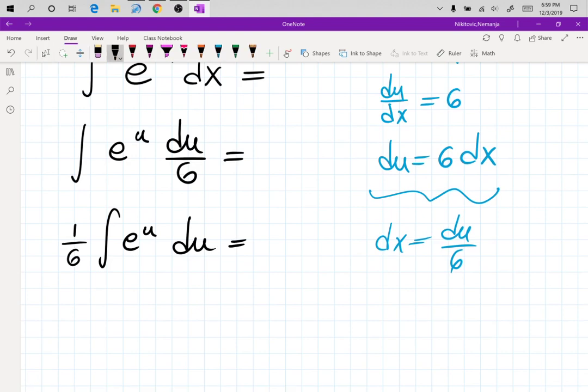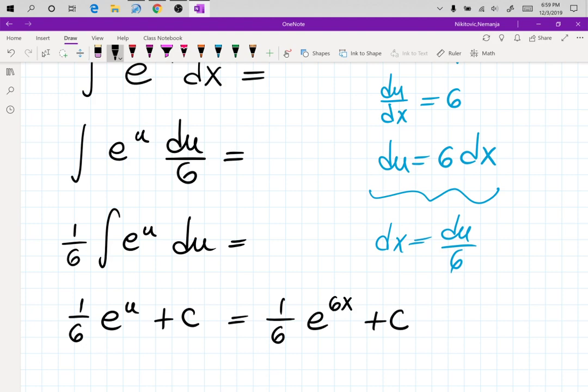The integral of e to the u is e to the u, so e to the u plus c, and now I don't care about u, I care about x, which is 1 over 6 e to the 6x plus c. And there's your e to the 6x over 6, which you were memorizing in 4.9 as a formula, but now you see the full calculation in between, which gets you there, right?